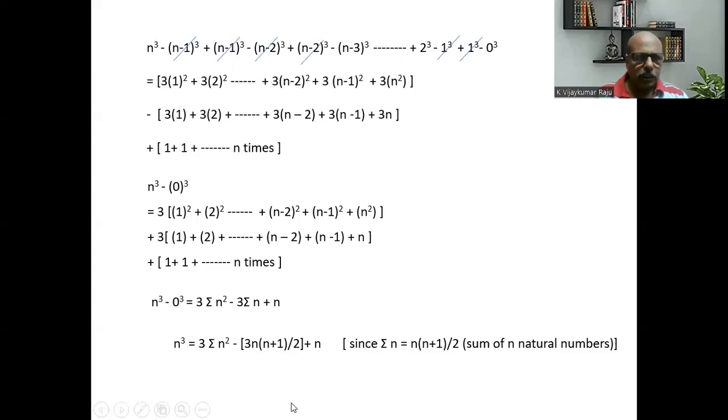So let's open the bracket. So 3 into sum of natural. So let us see here. Let's keep this here. Take these two terms to the left. So when you take these two terms to the left, 3 into summation of n square is equal to n raised to 3 plus 3n into n plus 1 by 2 minus n.